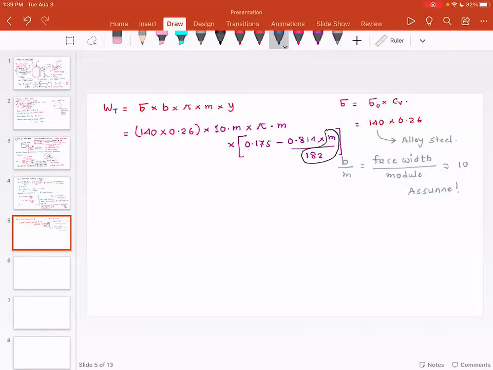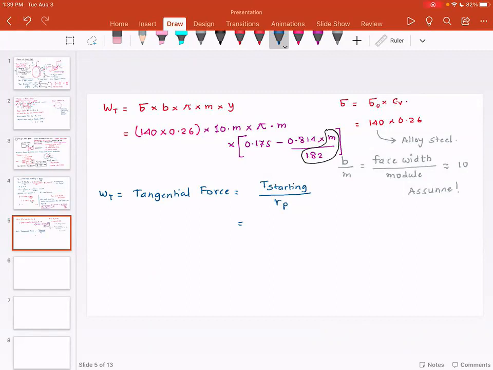Wt is the tangential force. And this force is nothing but the torque at starting divided by the radius of pinion.